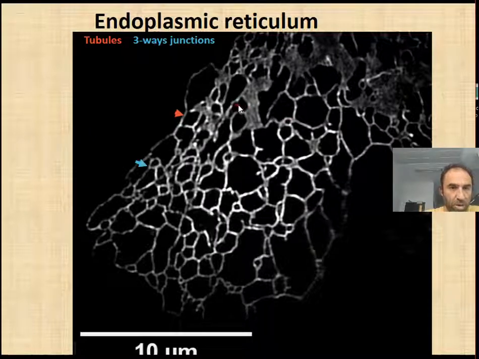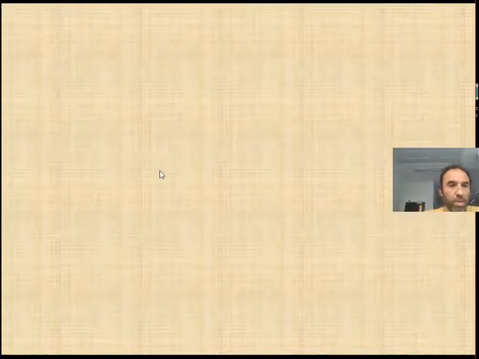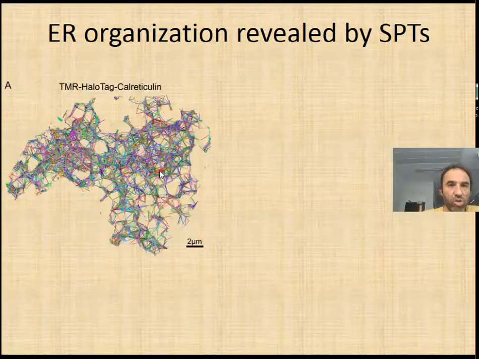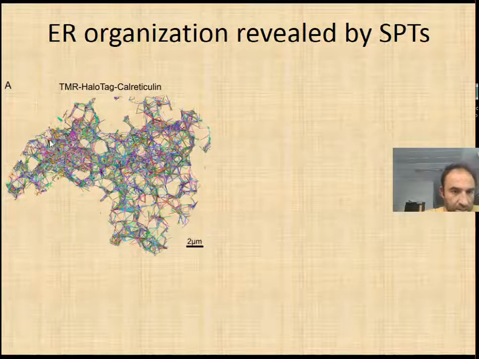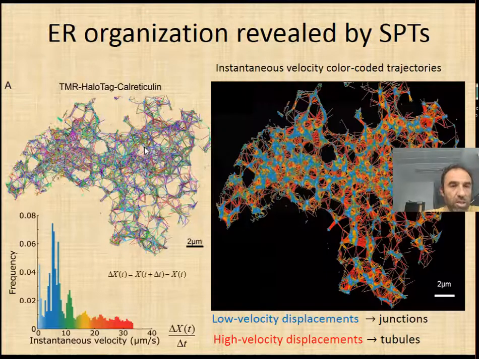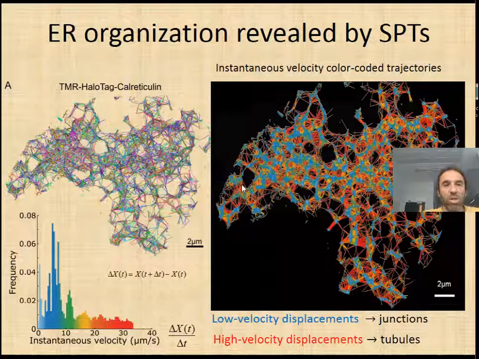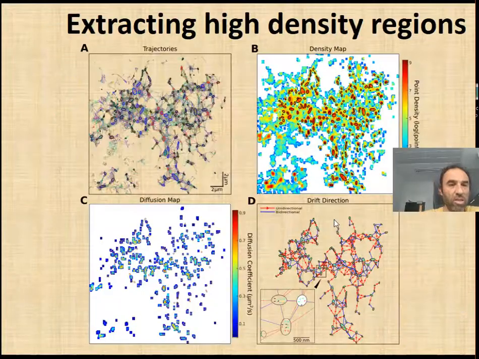The same is possible not only on the surface of a neuronal cell on the membrane, but also on this network, such as the endoplasmic reticulum, characterized by tubules here in red and three-way junctions in blue. So this is the ER organization revealed by the SPT, an example where you see trajectories recorded on the endoplasmic reticulum, and by changing the color code, you can see that regions of high density are associated with low velocity, whereas regions of high velocity are trajectories that move in between these low velocity regions.